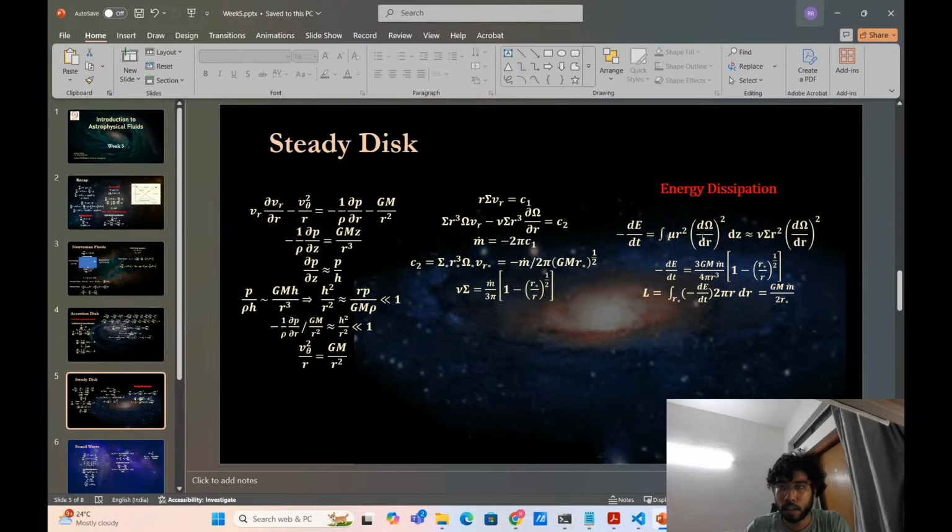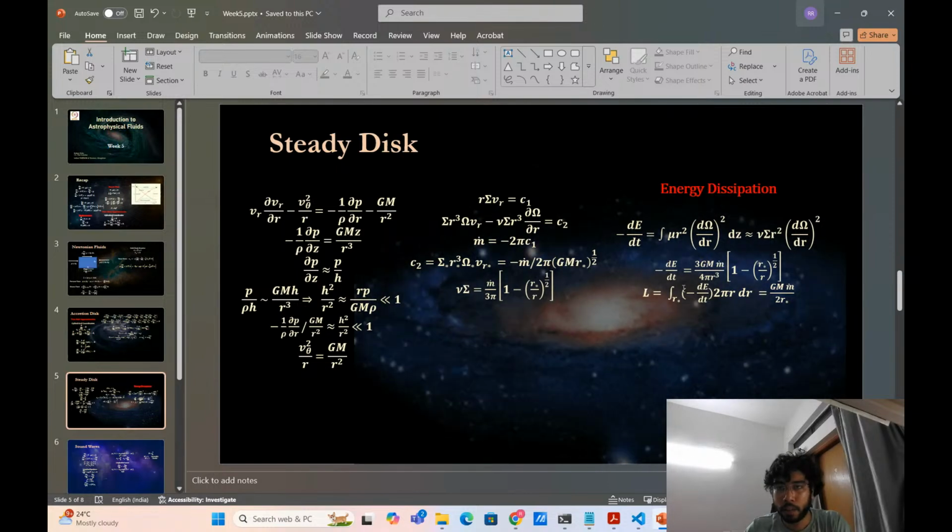Okay. And yeah, as we said that mu is nu sigma, so nu sigma r square (del omega by del r) whole square, right? And you can replace nu sigma with this thing which you already derived, and the energy dissipated is directly proportional to m dot, right?